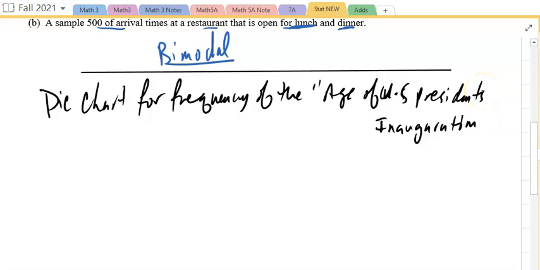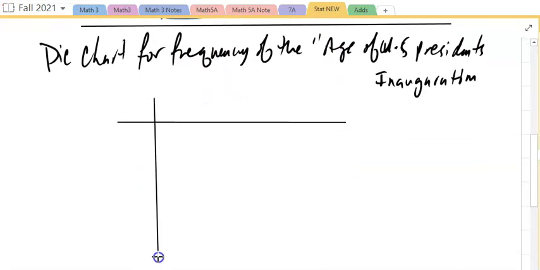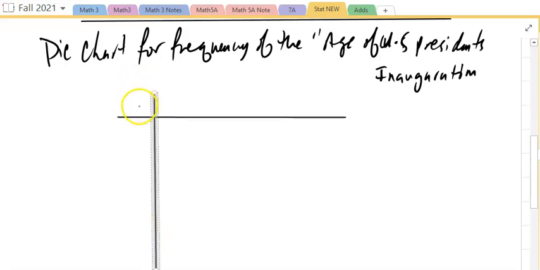So what we do, we get the ages. We make our own table really quick. We get the age, and that is 42 to 47.